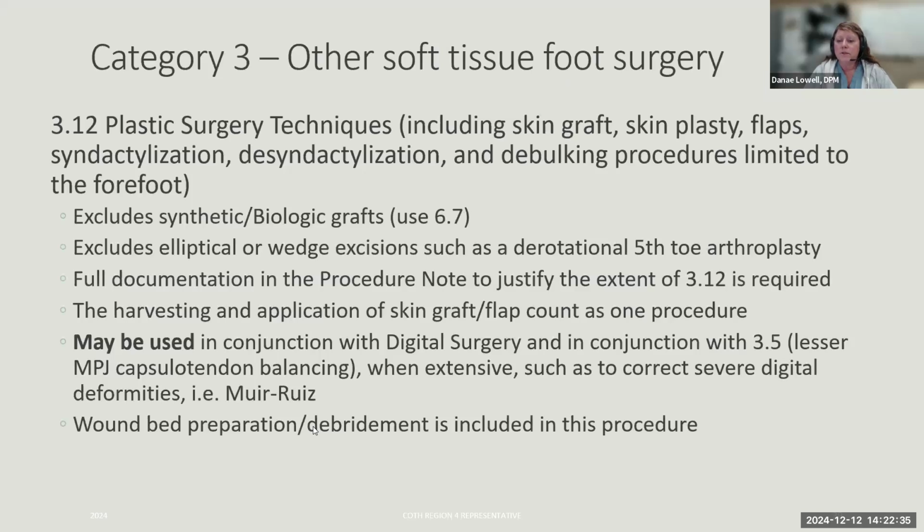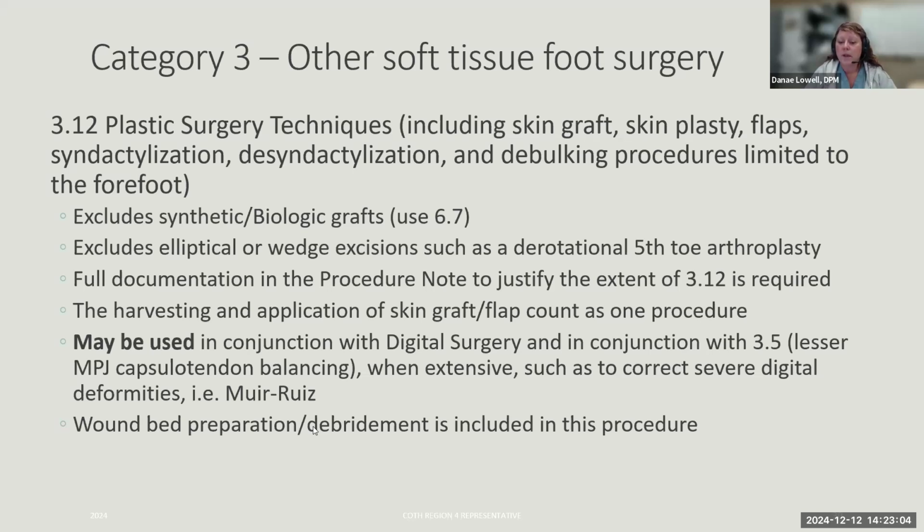3.12 includes plastic surgery techniques such as skin grafts, plasties, flaps, syndactylization, desyndactylization, and debulking procedures, and is limited to the forefoot. It excludes synthetic and biologic grafts and elliptical or wedge excisions, such as a derotational fifth toe arthroplasty. Procedure note documentation is necessary to ensure proper category selection.